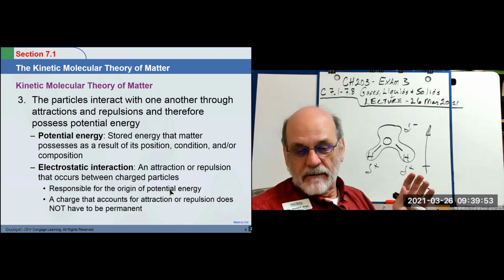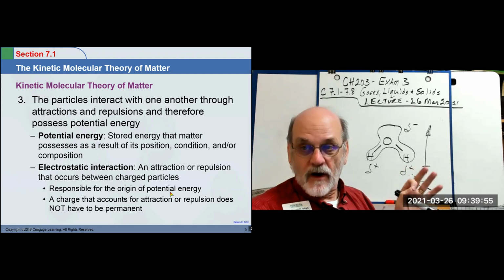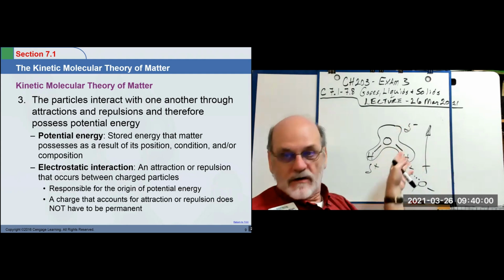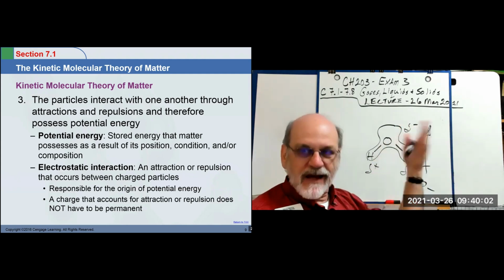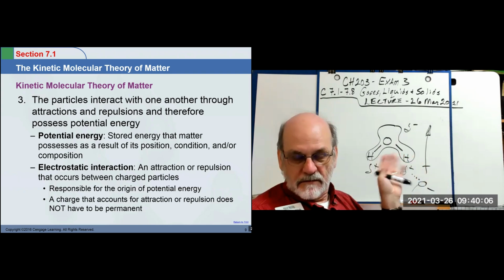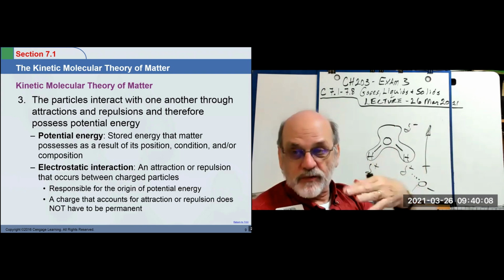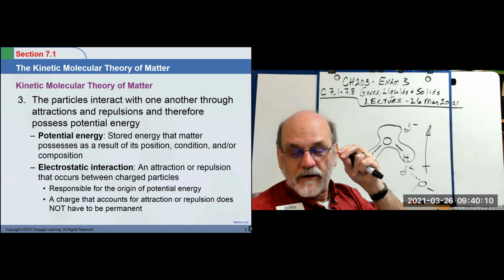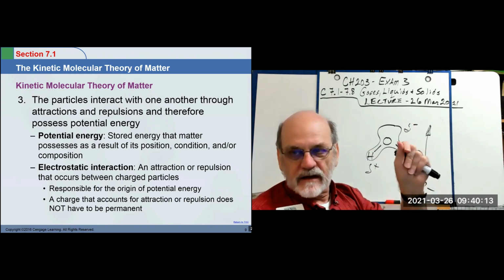Now, the ionic solids are permanent charges. And these are permanent dipoles. But there are other types of electron distributions that occur for a nanosecond and then they're gone.